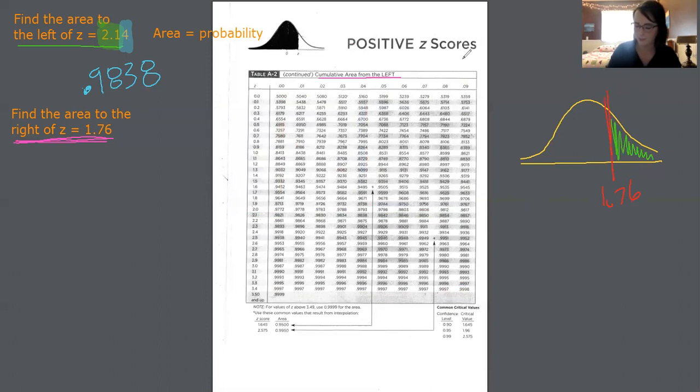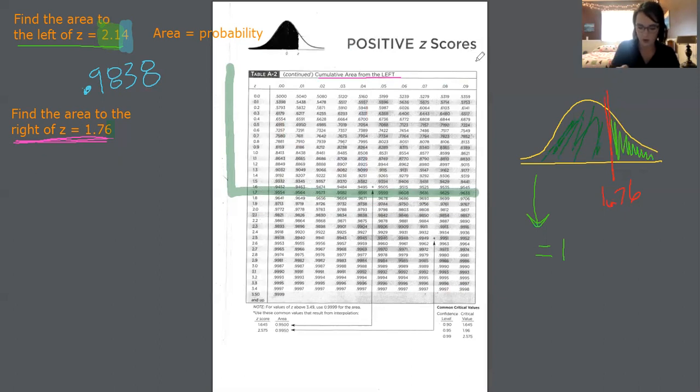Hopefully you said it's the fact that the area under the curve always has to equal 1. So we can use that. The table's going to give us the area to the left, so let's find that area. We go down on the table until we get to 1.7, and our last number is 6.